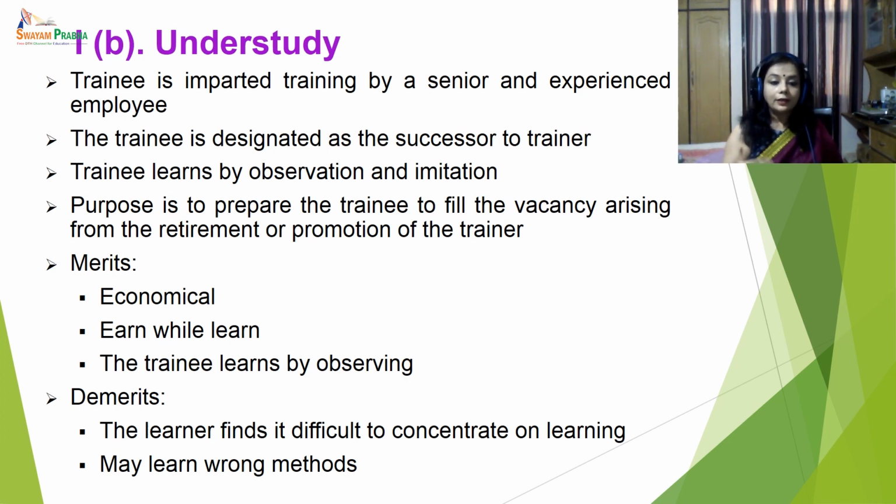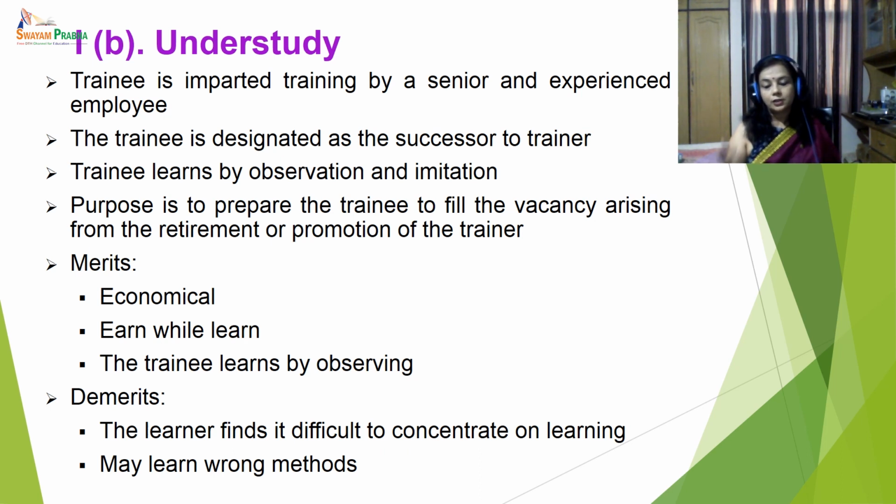The trainee learns by observation and imitation, just like in the case of coaching. The purpose is to prepare the trainee to fill the vacancy arising from the retirement or promotion of the trainer. The merits are again similar: economical, earn while you learn. The trainee learns by observing. But the demerits are: the learner finds it difficult to concentrate on learning, and may learn the wrong methods.